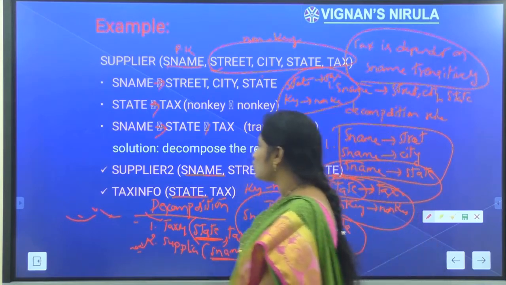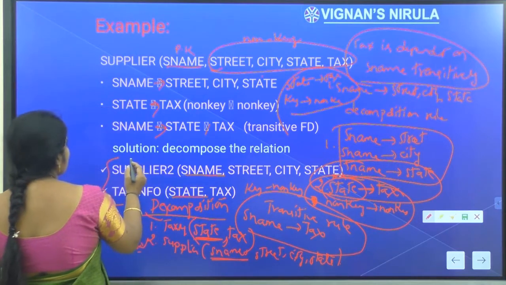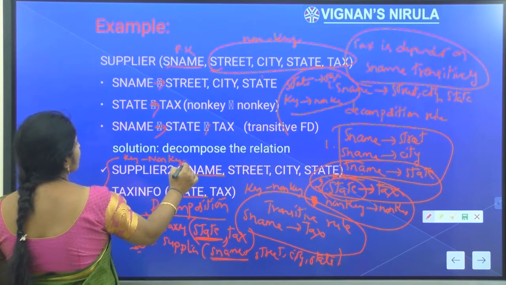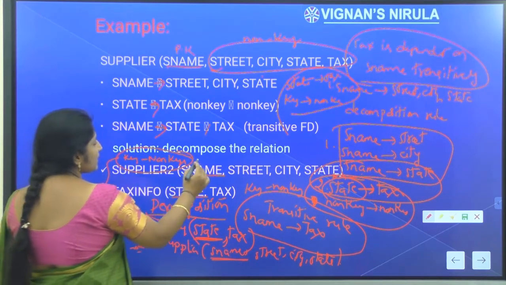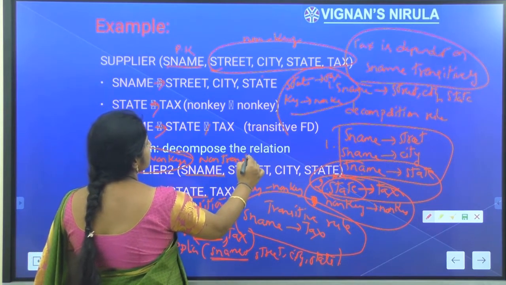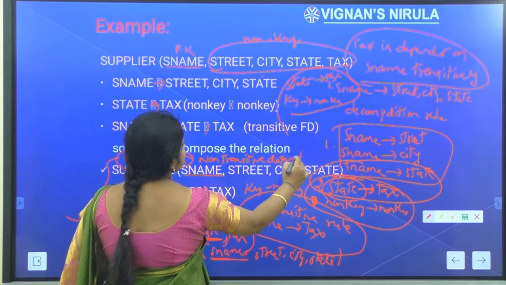Now within these two subtables, only key to non-key dependencies are there, as well as they are non-transitive dependencies.